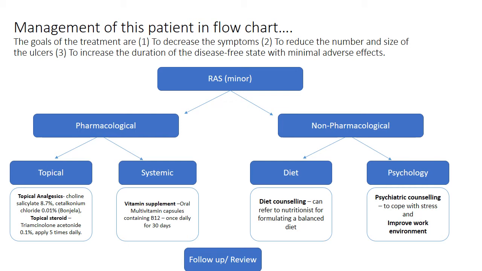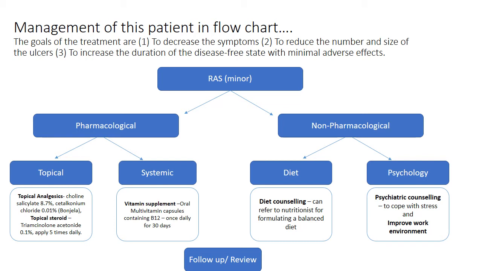So immediately, when you see smaller ulcers in the oral cavity, we should not regurgitate what we studied here, and we should not immediately think about any drastic or higher level treatments that we just went through. It depends upon the severity of the situation.